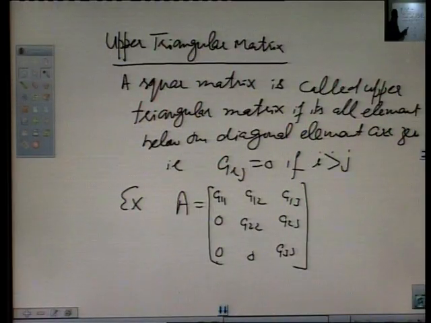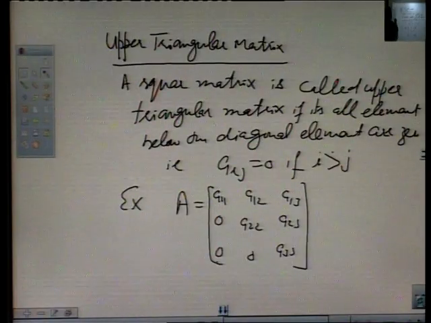The elements below the diagonal elements are 0, so it is called an upper triangular matrix.